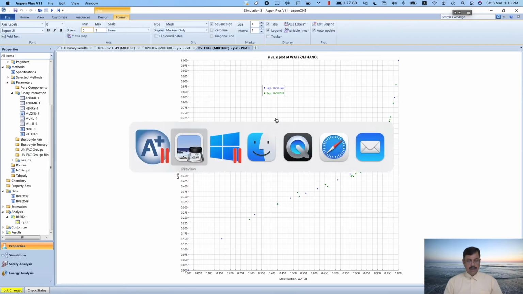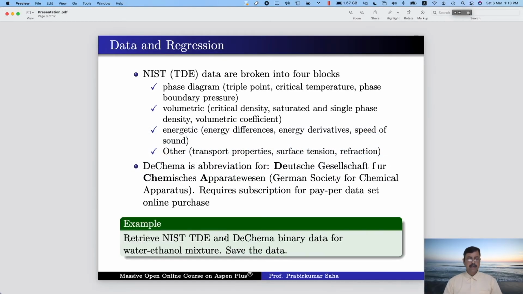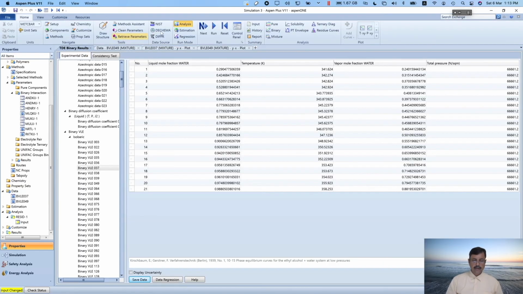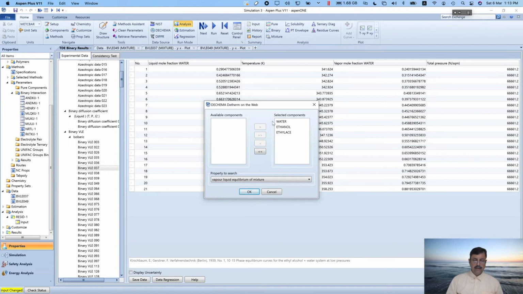Similarly, we can go for DECHEMA binary data. For that, we have to click on DECHEMA, and we do not select this one. We select only water and ethanol and vapor liquid equilibrium of the mixture. So it is searching DECHEMA DETHERM on web.